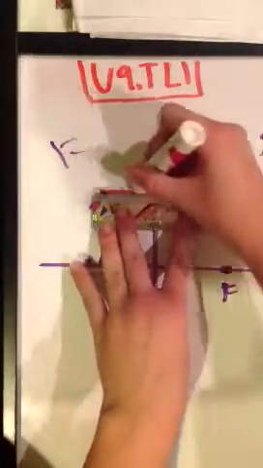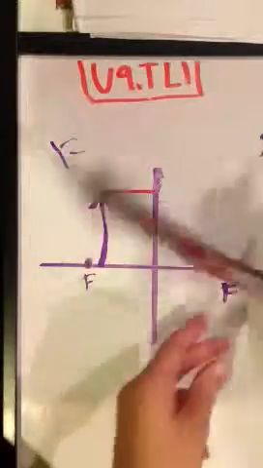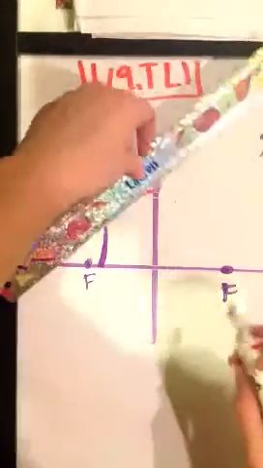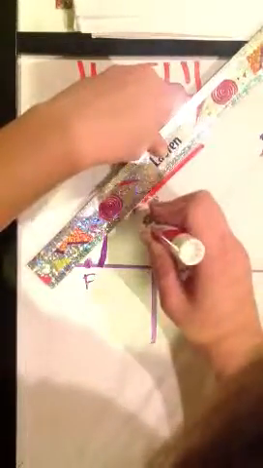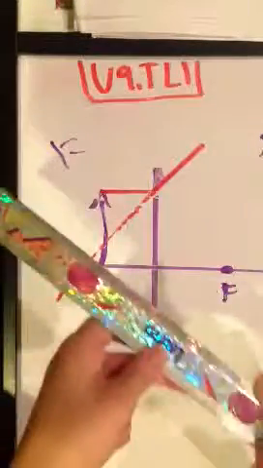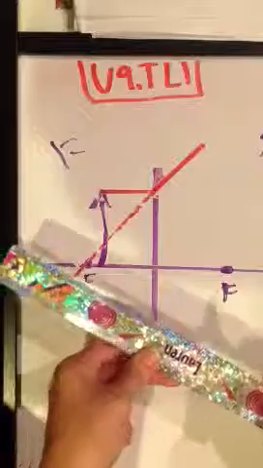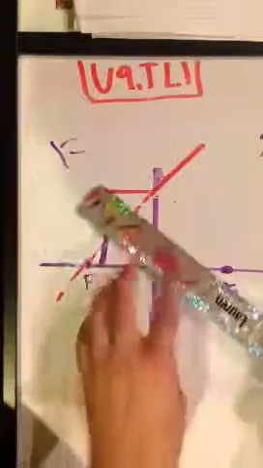So again, we have the focal ray, except it's going to go back through this focal point. And then we have this other one, that was the parallel ray.